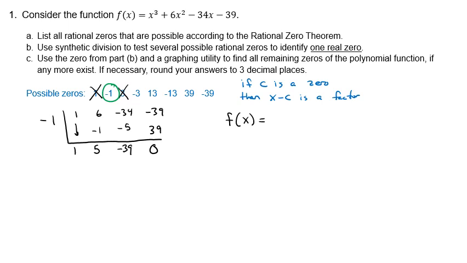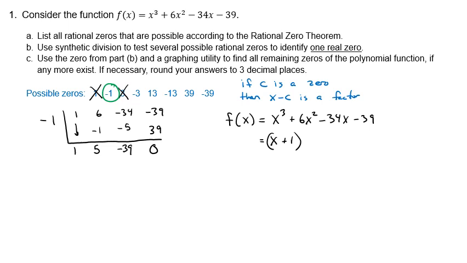So f of x is equal to x to the third plus 6x to the second minus 34x minus 39, which now becomes x plus 1. Why is it plus 1?